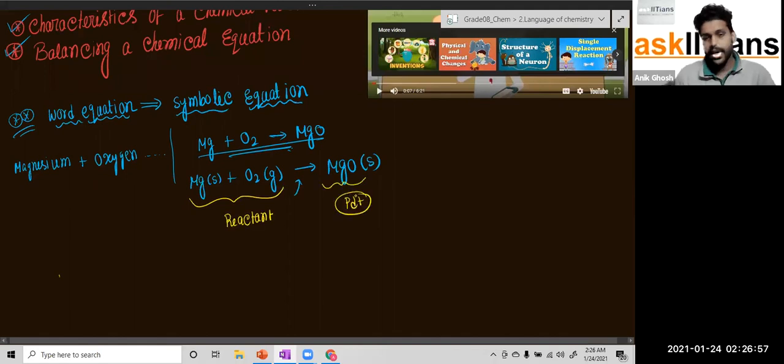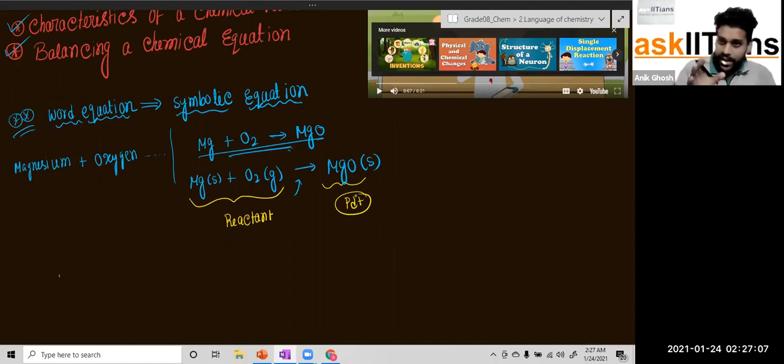Why is that? Because the arrow is showing you that the reaction is moving from left to right. So the reactants would be on the left side of a reaction. They are reacting with each other to give you MgO. So these are the reactants, and these are the products.